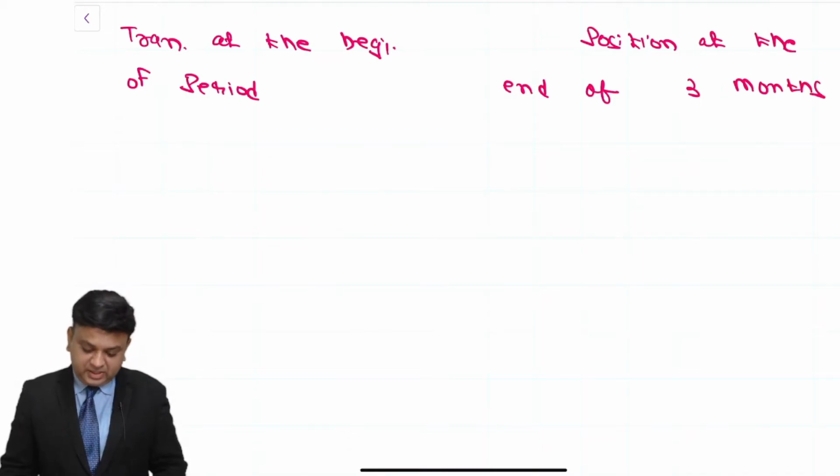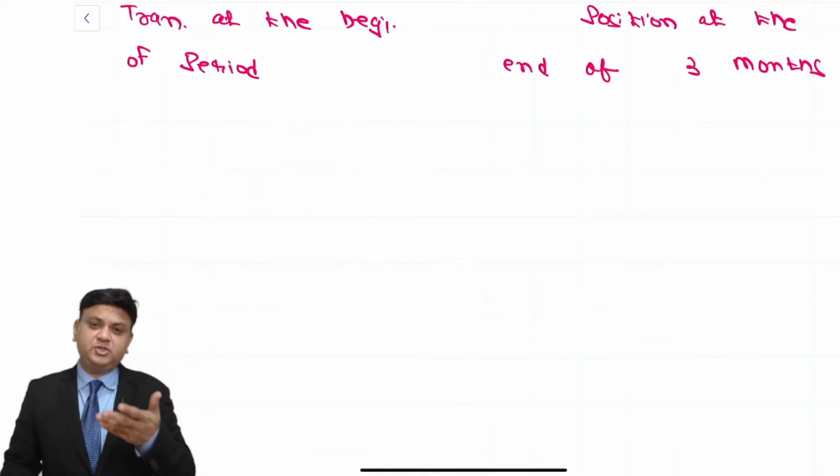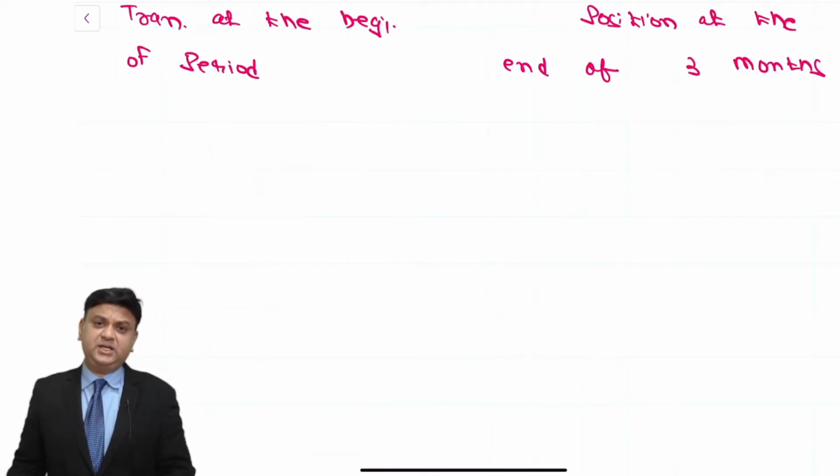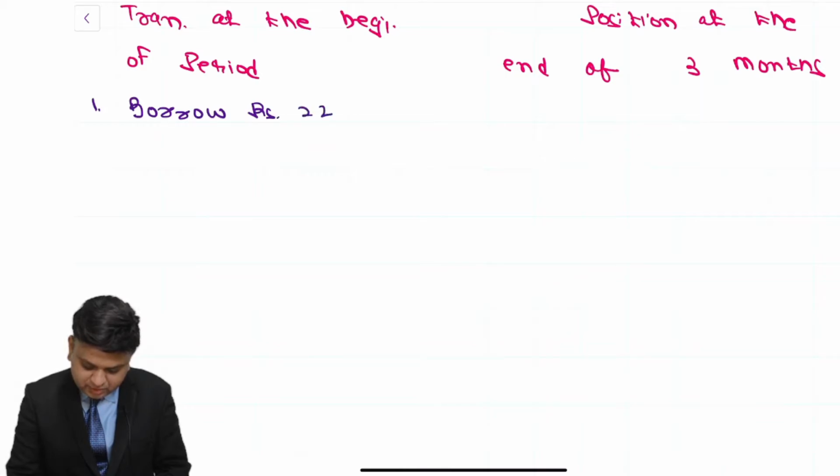This logic should be clear to you, that since the price is more than what it should have been, we are going to sell at the end of the period. So today we are going to buy, and to buy today we are going to borrow. So 1, borrow rupees 220 at the rate of 15% for 3 months.